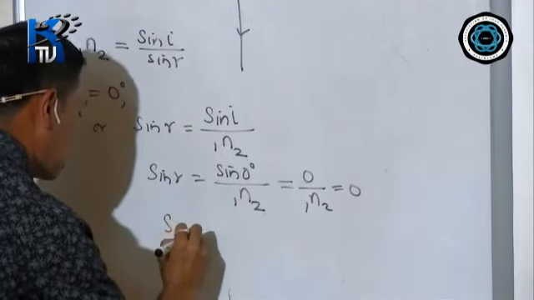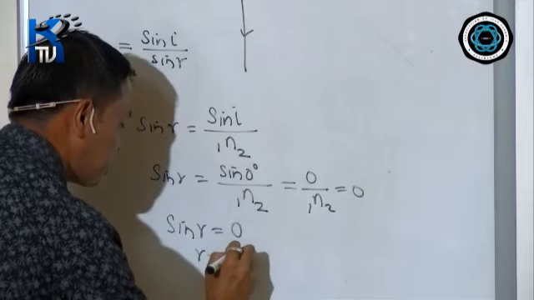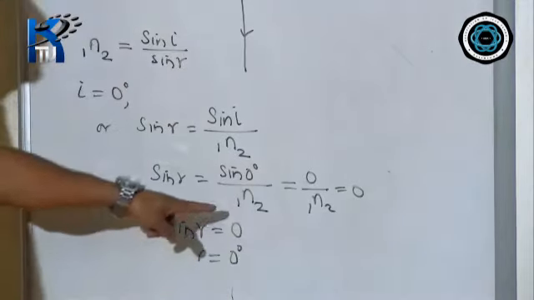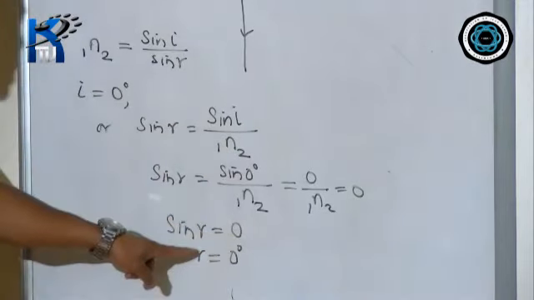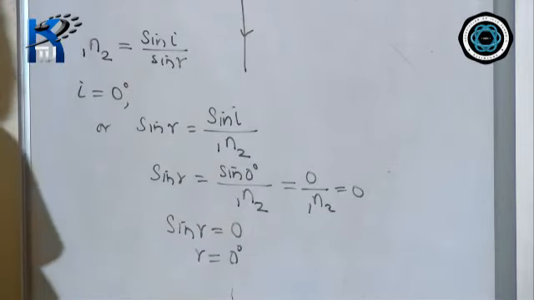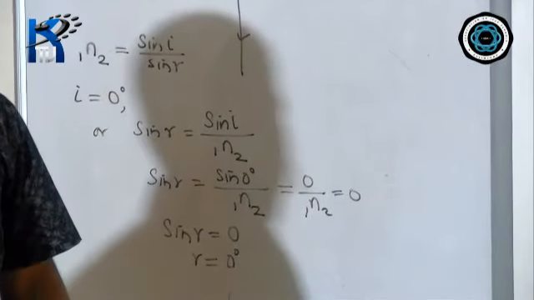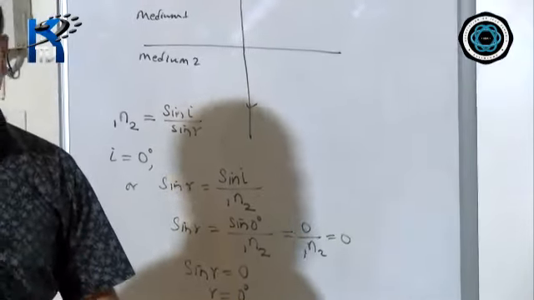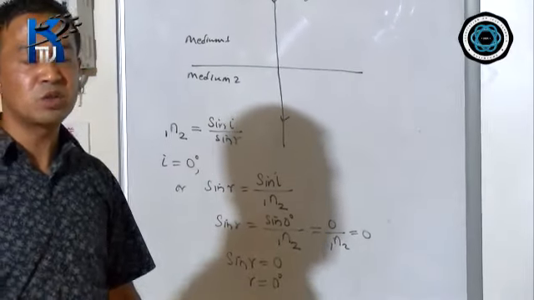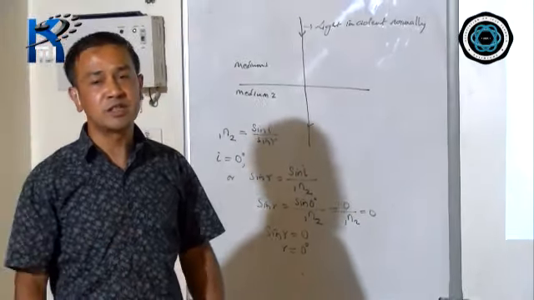If sin r is 0, then definitely r is also 0 degree. That means the angle of refraction is also 0 degree. So this is the case where the light does not deviate from its original path. It goes undeviated. The speed of light changes, but without changing the direction of light. So this is one of the important cases as far as refraction of light is concerned.